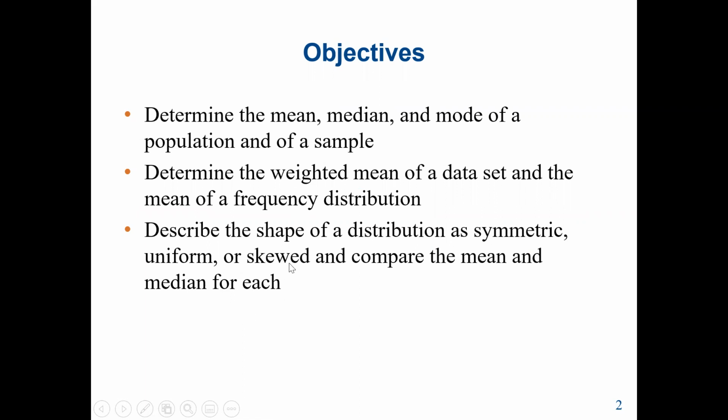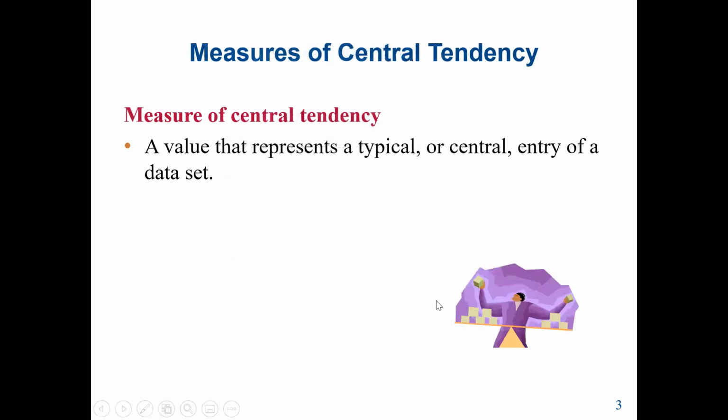Now, a distribution can be skewed to the left or skewed to the right, which depends on whether the mean is greater than the median or the median is greater than the mean. So first, let's start with the measure of central tendency or measure of location. A value that represents a typical or central entry of a data set is called a measure of central tendency.